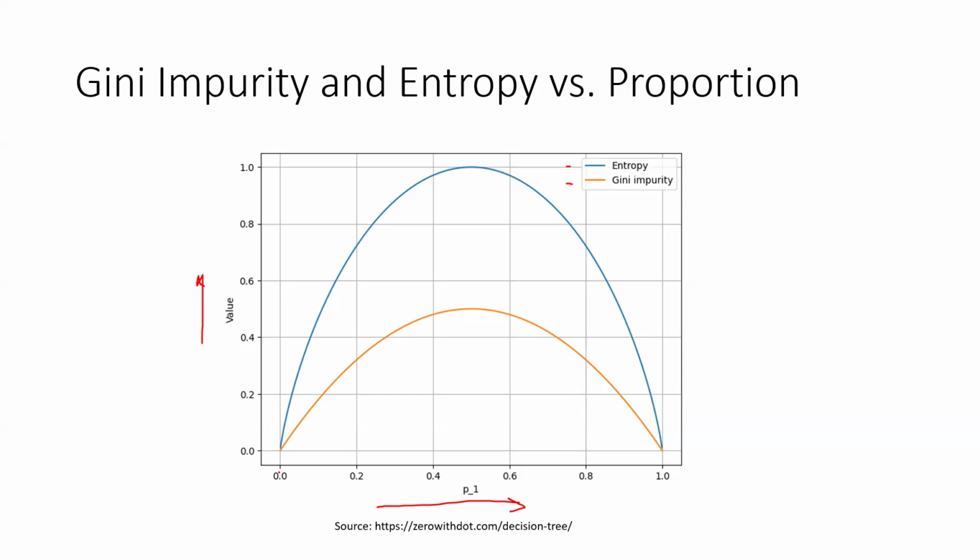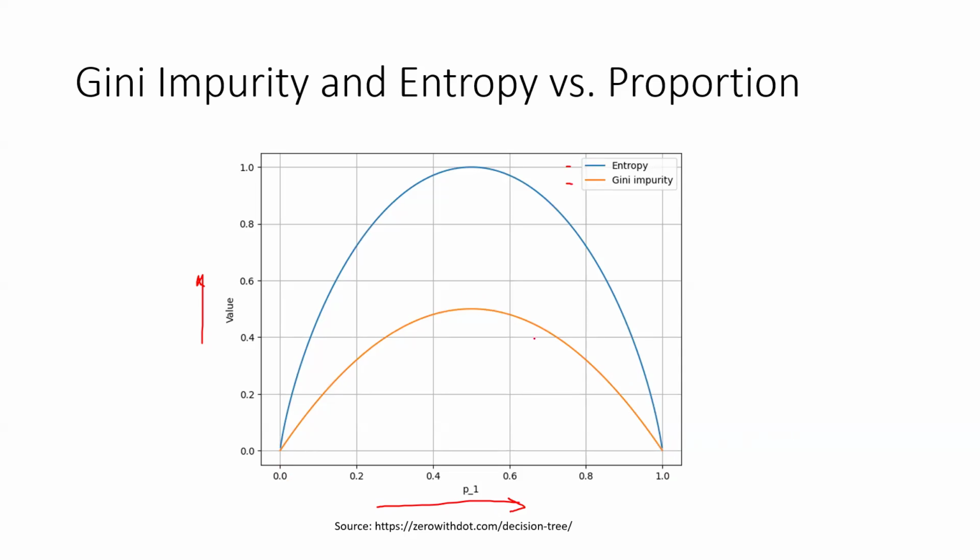When the proportion is 0 or 1, there's no disorder or impurity, because the classes are 100% classified. When one class is 1, the other class is 0, so then also it is 100% pure.